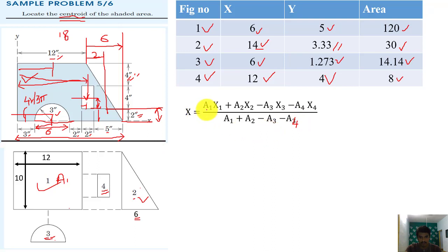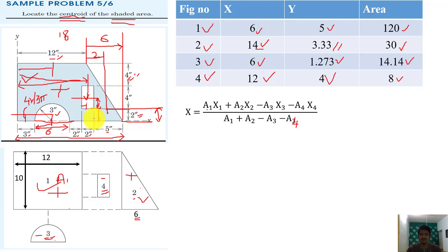Now a1 and a2 are taken as positive areas. This a1 rectangle is taken as positive, this rectangle is taken as positive, as well as this triangle, because they are in the shaded area. Whereas a3 and a4 are taken as negative because they are not in the shaded area; that is the cutting portion, so they must be taken as negative.